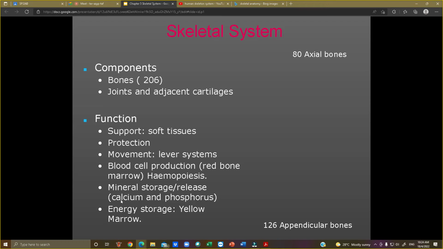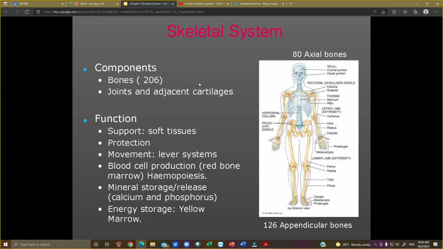Finally, storage of energy in terms of yellow marrow. It is only a little, because most of our energy is stored as glycogen inside the liver and muscles. Those are the functions of the whole skeletal system.